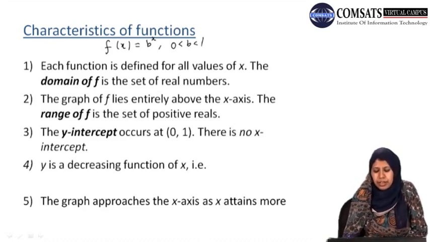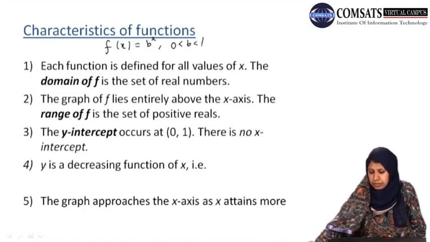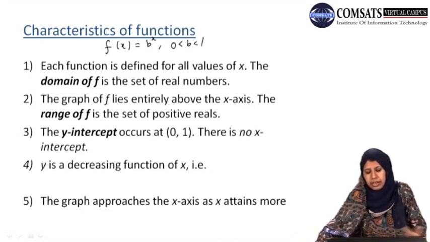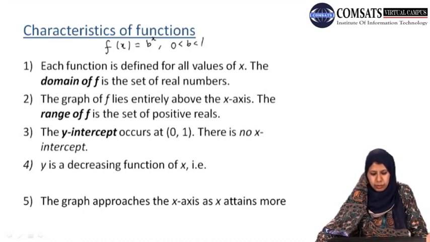Now each function is defined for all values of x, that is, the domain is the set of real numbers. The same property as when b was greater than 1. The graph of f lies entirely above the x-axis, meaning the range is the set of positive reals. Again the same property. The y-intercept occurs at 0, 1.